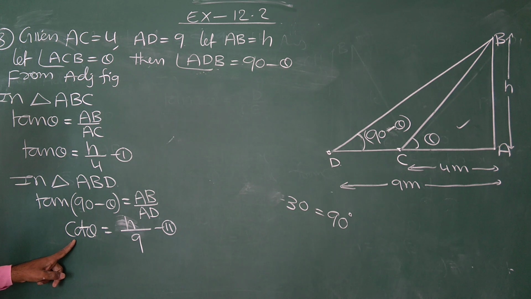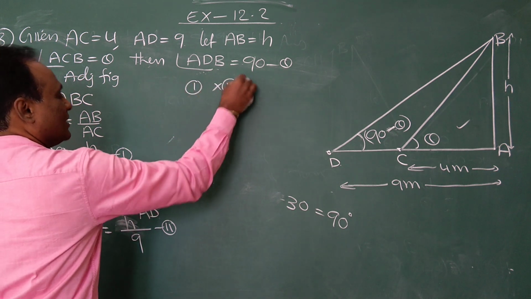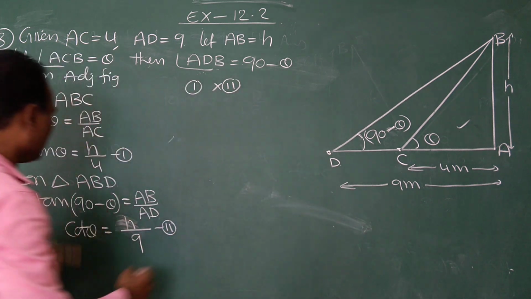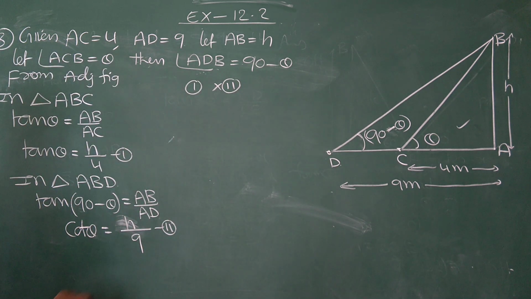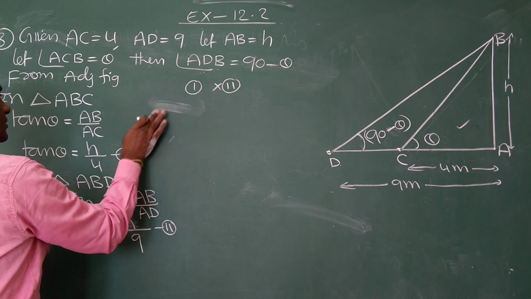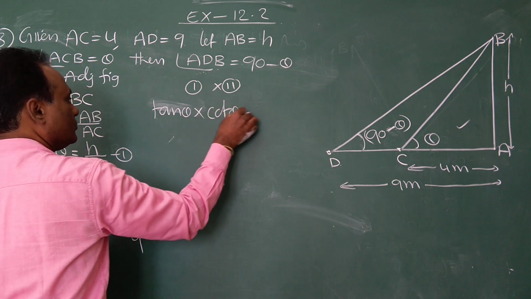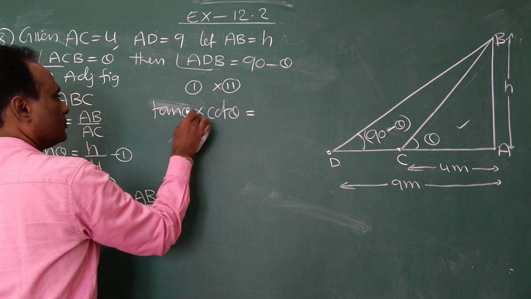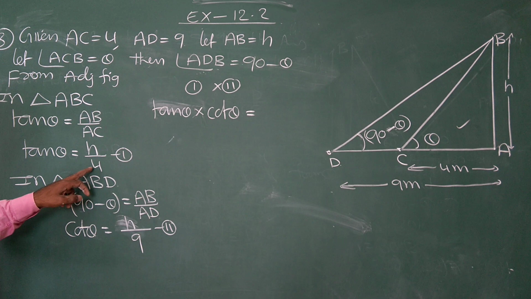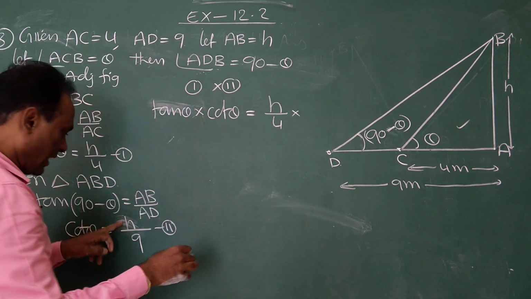It is our formula. Now, I am multiplying these two. Simple step. Tan theta into cot theta. What is the right side? h by 4 into h by 9.